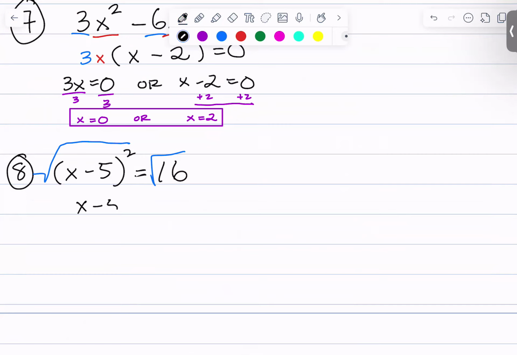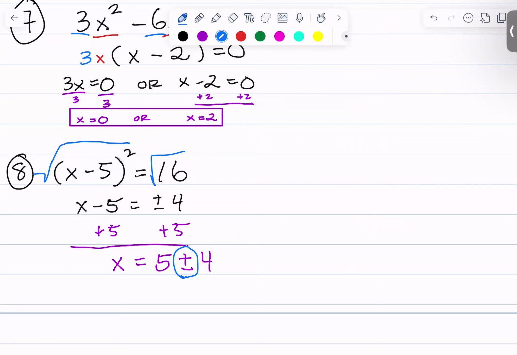So x minus 5 would equal plus or minus the square root of 16, which is 4. Add 5 to both sides. Then we would have x equals 5 plus or minus 4. Remember, when we were writing this, we need our plus or minus in between the two terms.